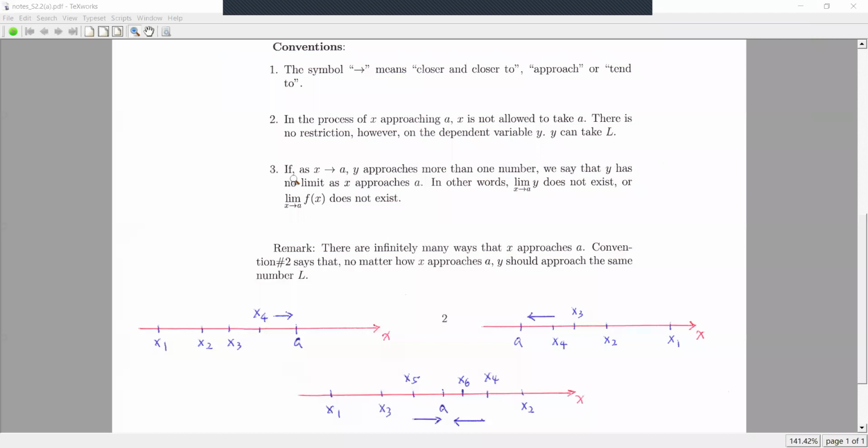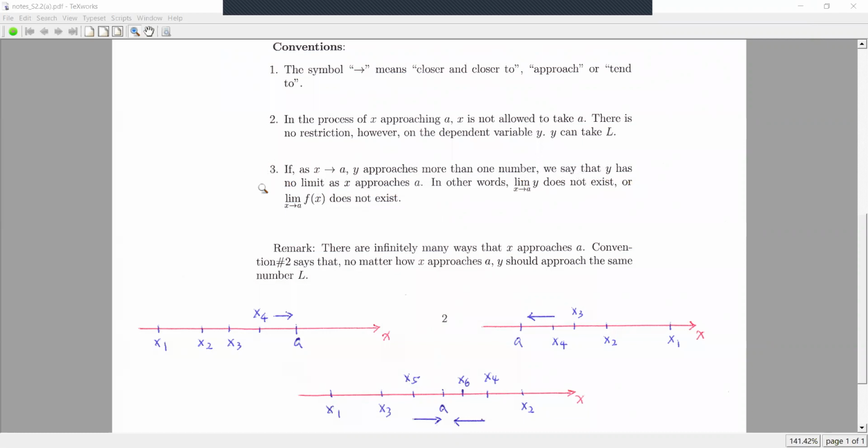Convention number 3. If as x approaches A, y approaches more than one number, in this case, we say that y has no limit. In other words, this limit doesn't exist.